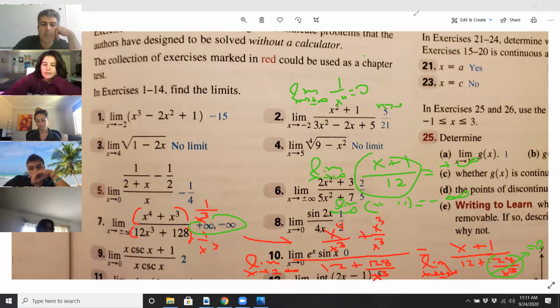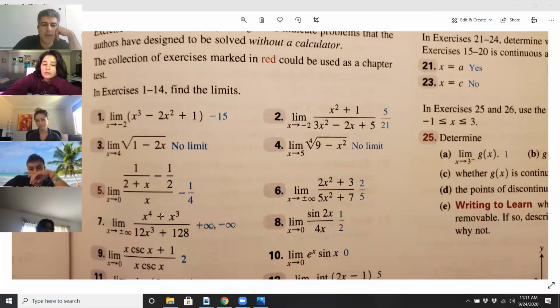But then if y equals 0, then why isn't number 7 0? Because the numerator is higher degree. You just said the other way around. No, okay. I mean, if the numerator is the higher degree. Okay, gotcha now. Then if the numerator is the higher degree, it doesn't mean that there's no limit. It just means that the limit is infinite. Yeah, exactly. 100% correct.